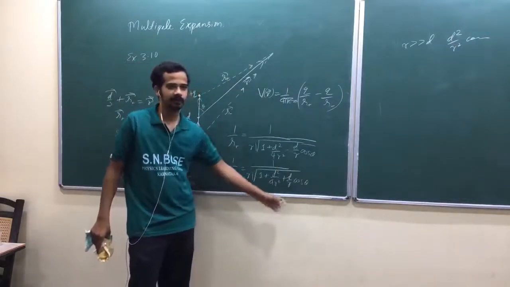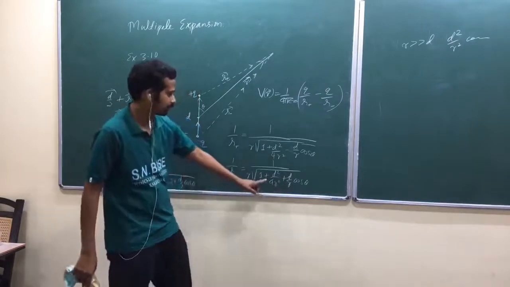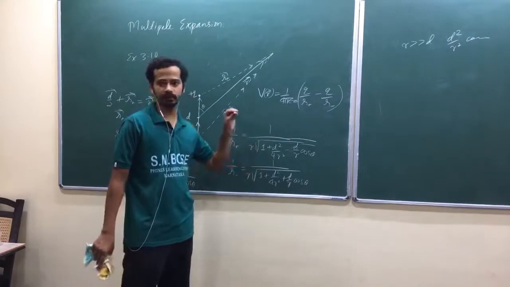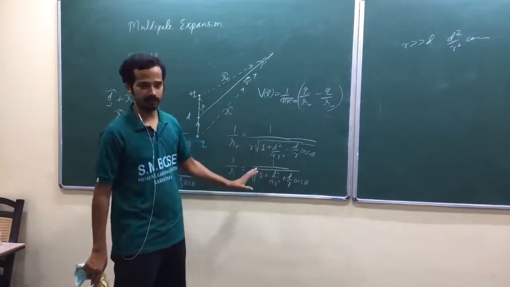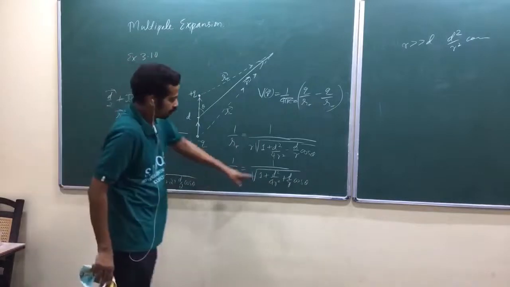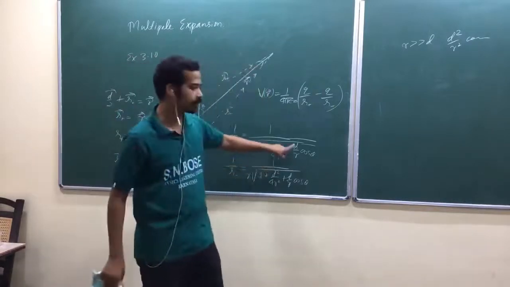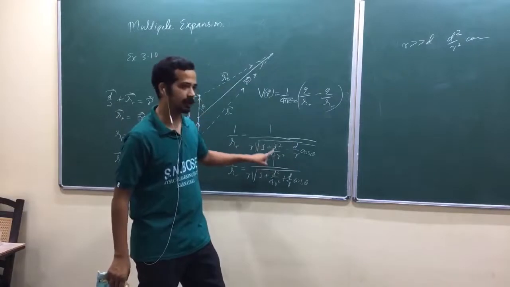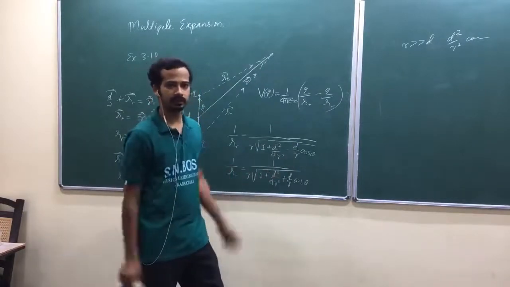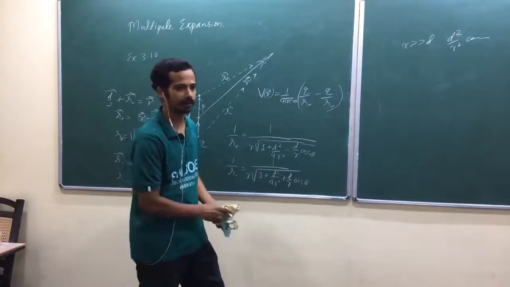When you do that approximation, that functionality should be retained. So we are neglecting only this part, not this part, because this is highly negligible compared to this one. Square of any small number is still small.